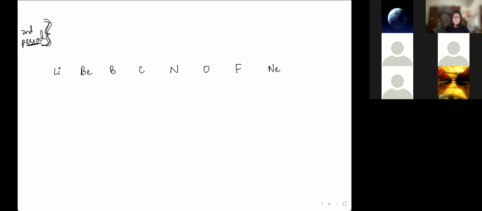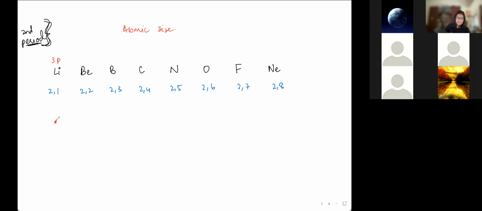So let's see the electronic configuration. Lithium is 2,1. This is 2,2. This is 2,3. 2,4. 2,5. 2,6. 2,7. 2,8. Let's look at each atom because we're looking at atomic size. So lithium has 3 protons.